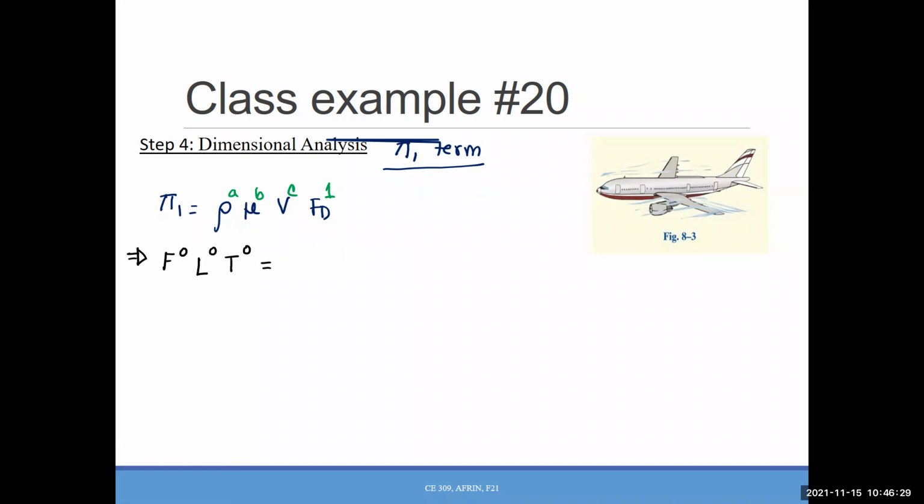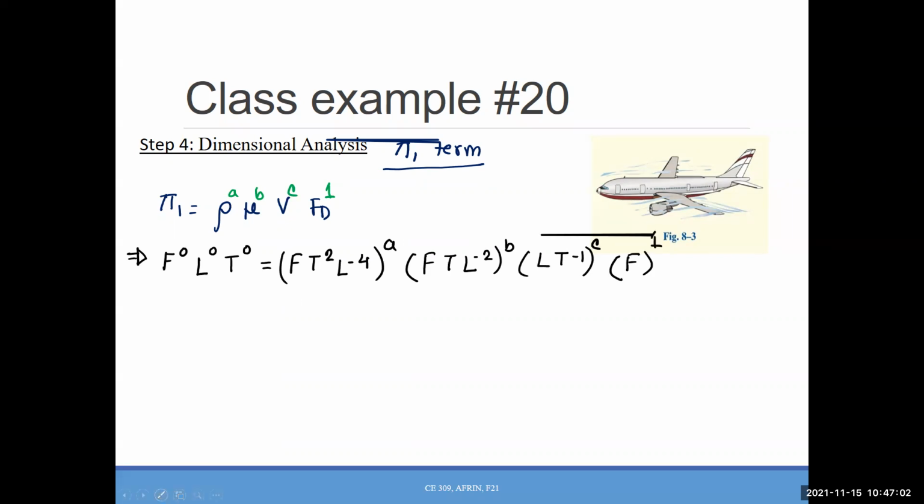For rho, it was F T squared L to the power minus 4, to the power A. For viscosity, F T L to the power minus 2, to the power B. For velocity, to the power C. And for FD is F1. Okay. Are we good up to this point, like what we did here?